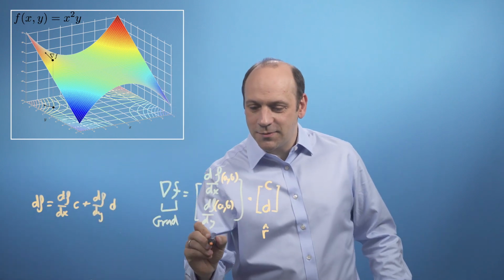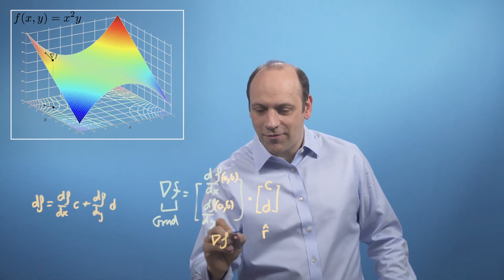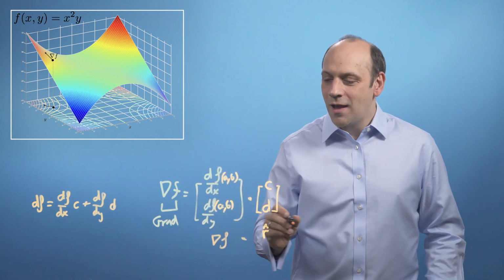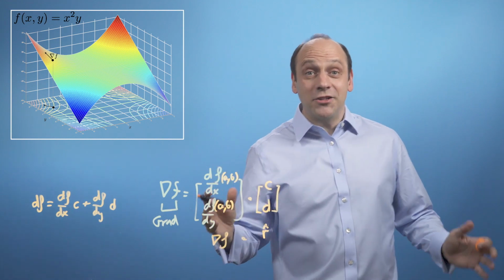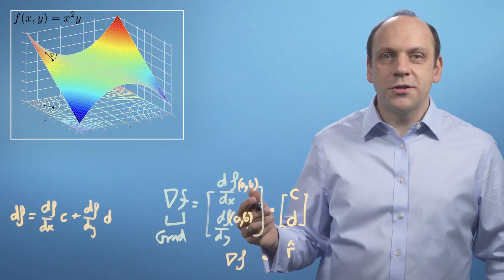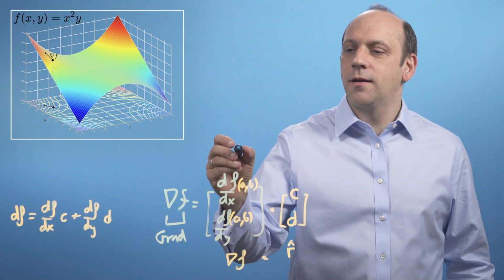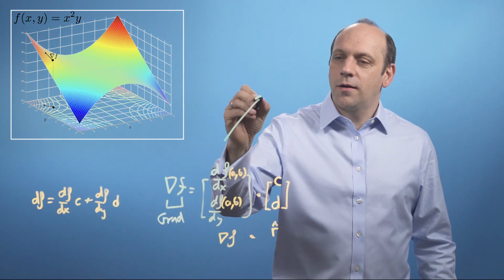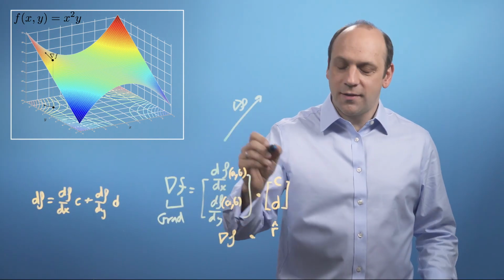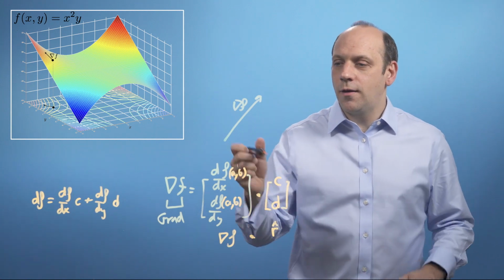So what we're doing here is grad of f dotted with r hat. And we call this thing the directional gradient. So another question we can ask is, what's the maximum value this directional gradient can take? So we've got grad f as a vector, and we're dotting it with r hat.